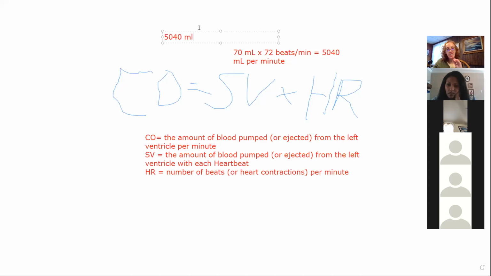And we're getting sick. We're dehydrated, we're anemic, and our stroke volume is down to 50 milliliters because we've just had a lower blood volume.